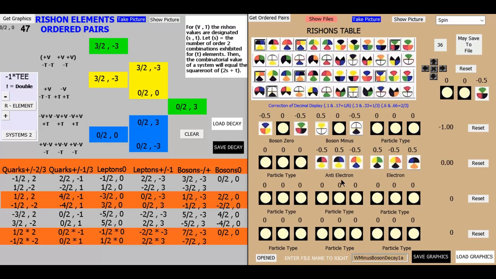So here is this pair. This pair then interacts with the scalar boson minus in this way.